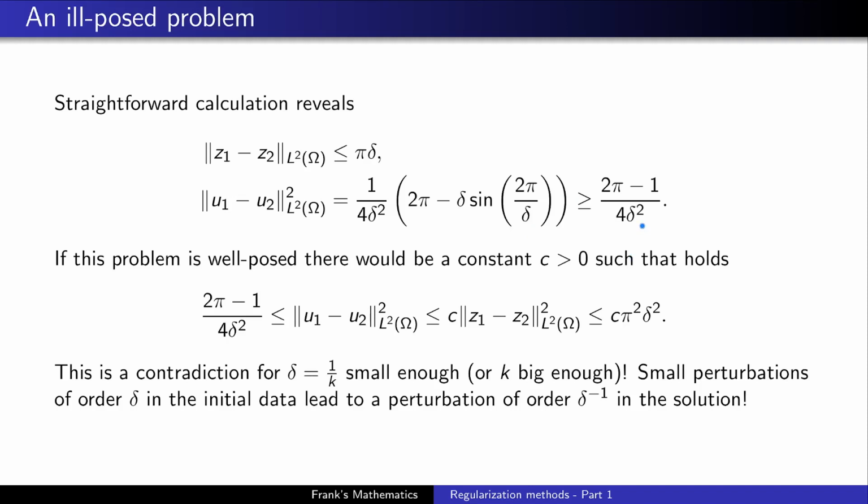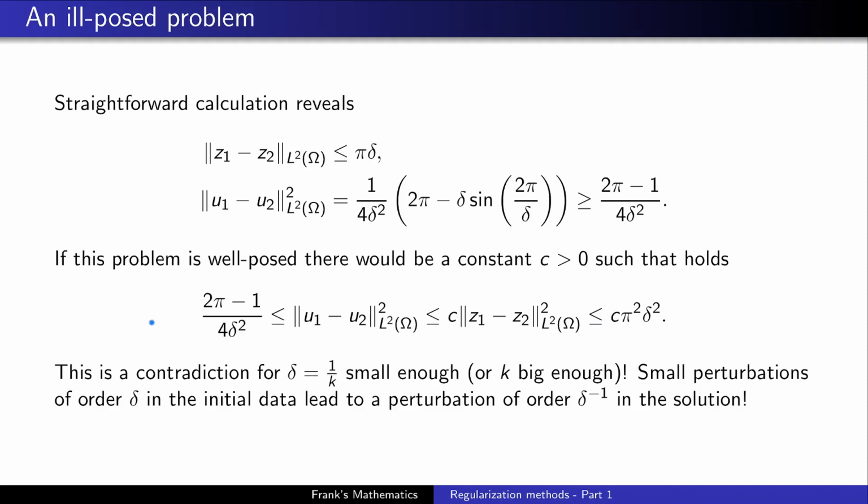And this gives us a violation of our property number 3, because if this problem would be well posed, there would be a constant C such that u1 minus u2 is less or equal than C times z1 minus z2. But we just saw that this can be estimated from above by delta, or by delta squared in this case, and from below by 1 over delta squared.